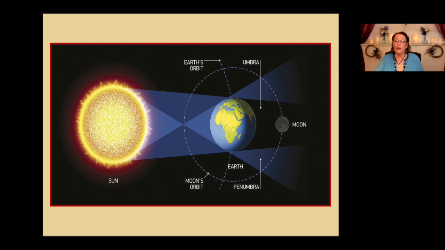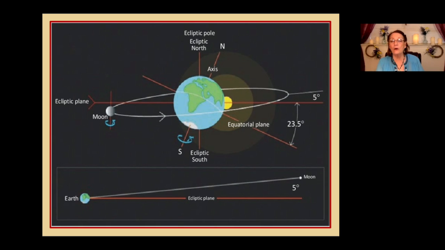The next diagram is more complex, but it's worth the effort. This is where it all comes together. The Earth's orbit around the sun is the ecliptic. It's the ecliptic plane. So it's this red line that goes straight through the Earth.